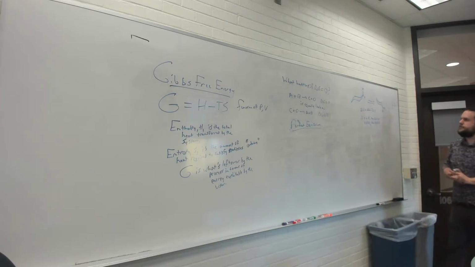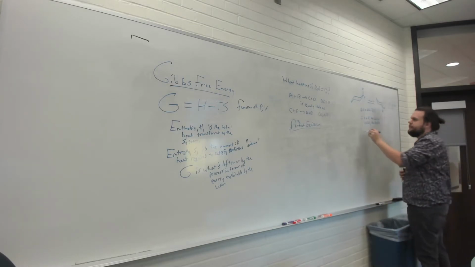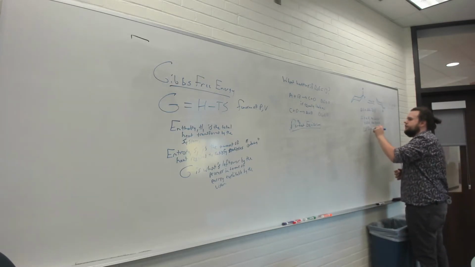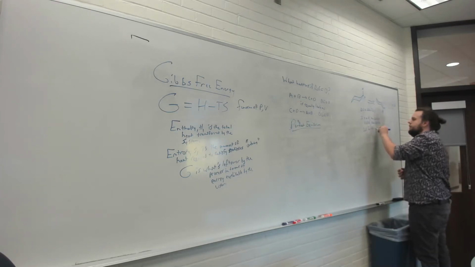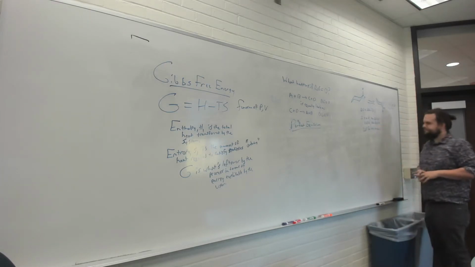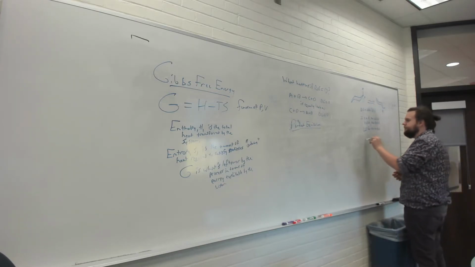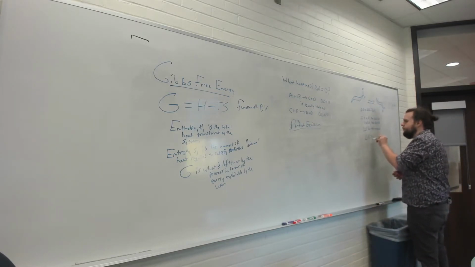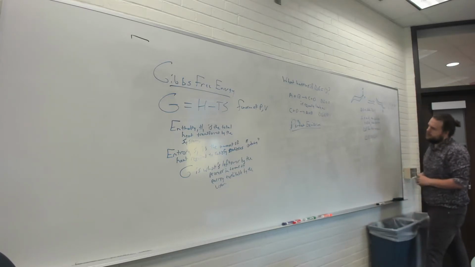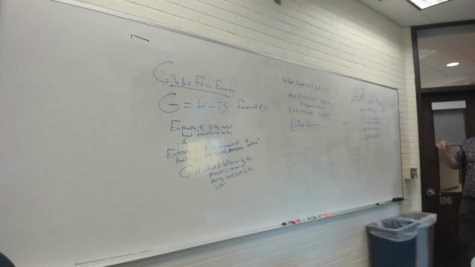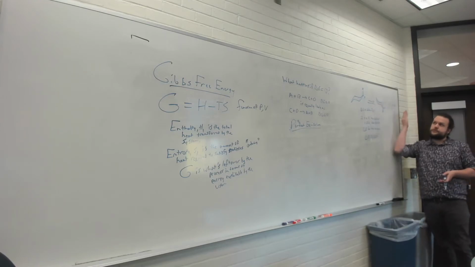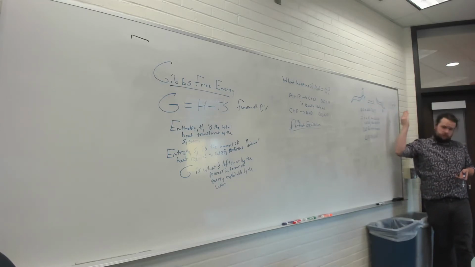different energies. But I'm going to say that delta S for this reaction is effectively 0. You could prove that, but they're effectively the same. So delta G is on the order of delta H, which means that if this is favored in this direction, then this is an exothermic change.